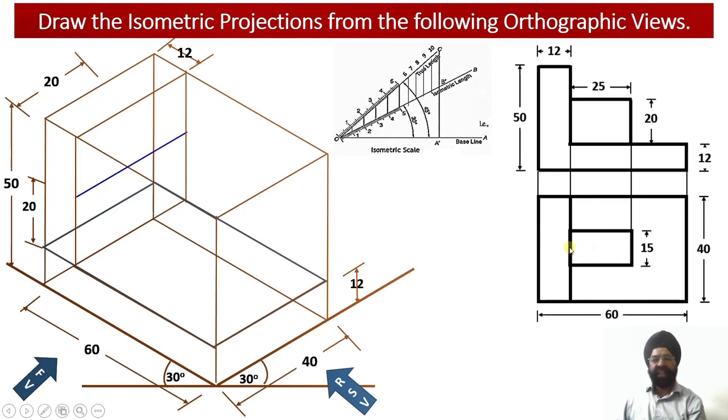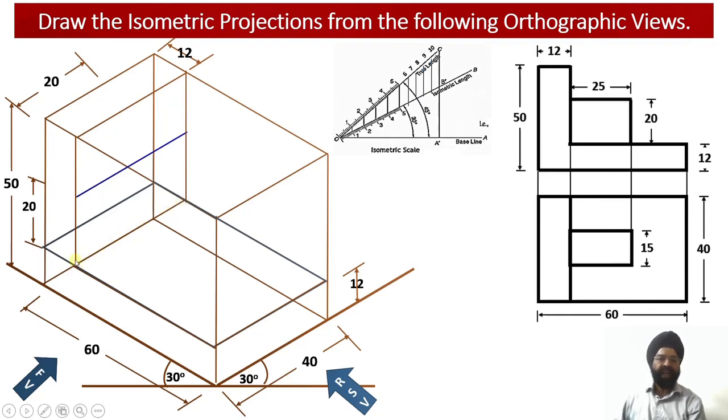After marking this midpoint, the height of this rectangular web has been marked as 20 millimeter. Having marked this 20 millimeter dimension, I am going to measure it from this horizontal surface, the top surface of element number 1.